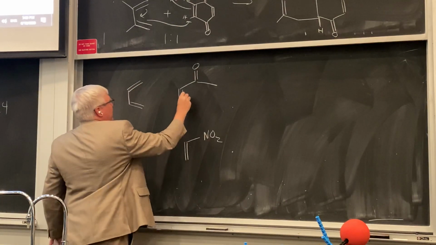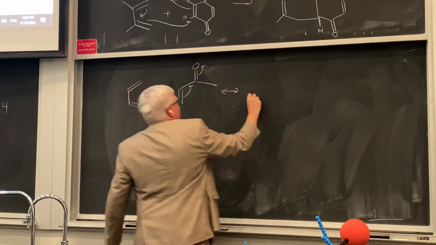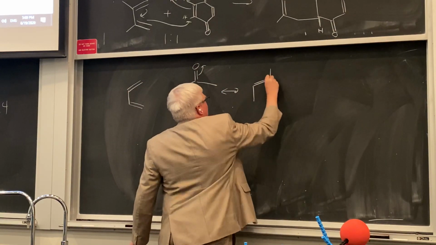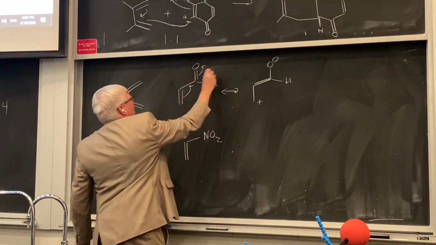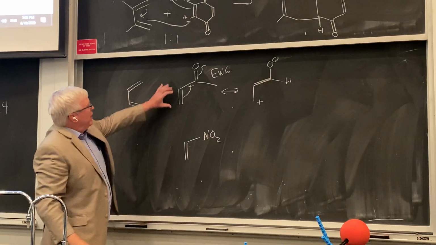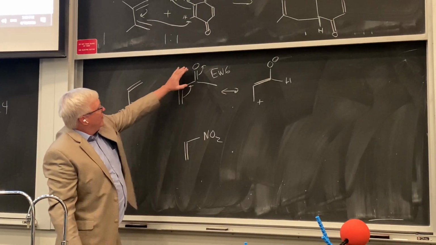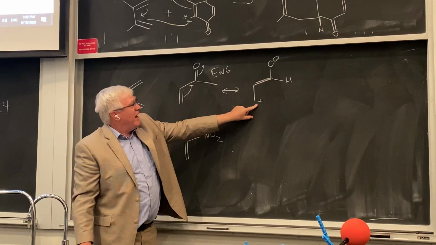Let's examine this. So what do we have here for the resonance structure for these? Well, we can push the electrons up toward what's called the electron withdrawing group, okay? Which means we can polarize these electrons in this way to create what? An electron deficient dienophile.